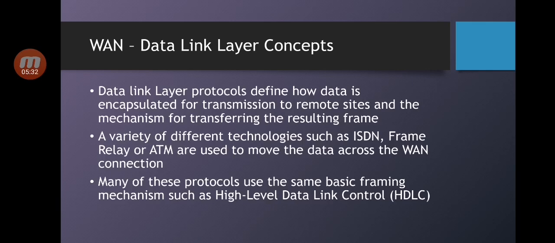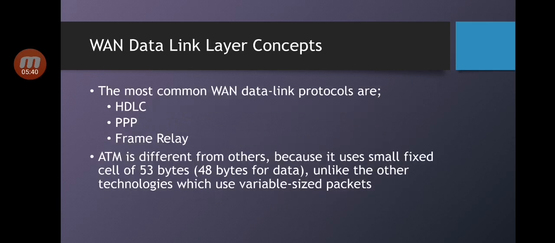Many of these protocols use the same basic framing mechanism such as the high-level data link control, HDLC. The most common data link protocols are HDLC, PPP, and frame relay. ATM is different from others because it uses small fixed cells of 53 bytes, unlike the other technologies which use variable size packets.